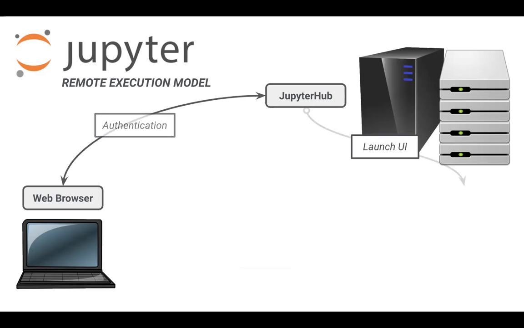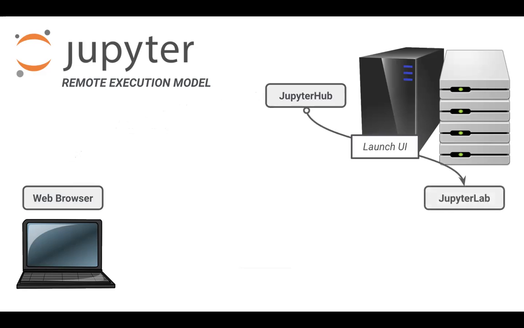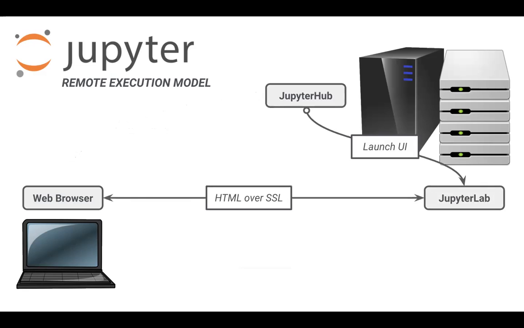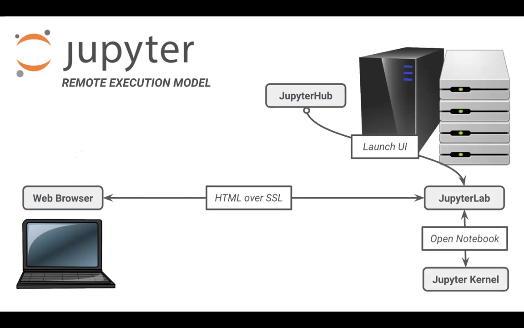After authenticating and possibly providing additional options, the JupyterHub will launch for you JupyterLab running on that remote system, and then redirect JupyterLab back to your browser. So what you see appears to be the exact same experience you'd have as if you would run JupyterLab locally. And then, as usual, when you open a notebook through that interface, it creates the Jupyter kernel for you.